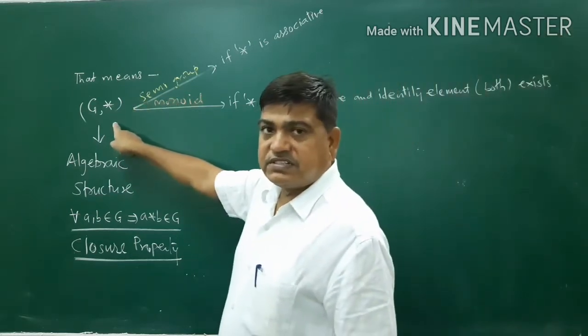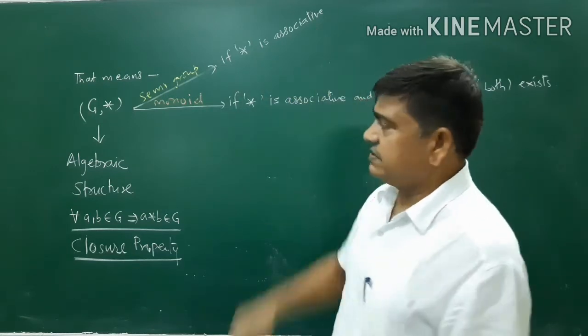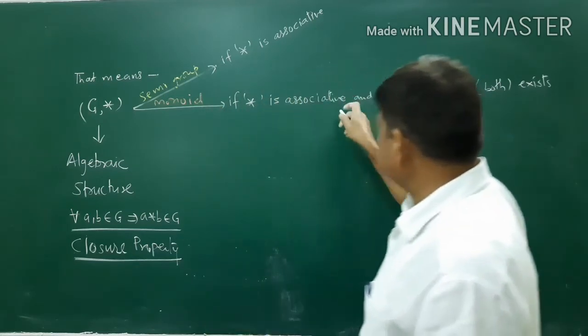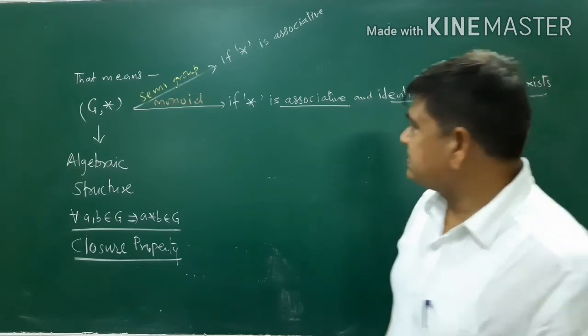This algebraic structure is known as a semigroup if it is associative. Monoid: associative as well as identity element exists.